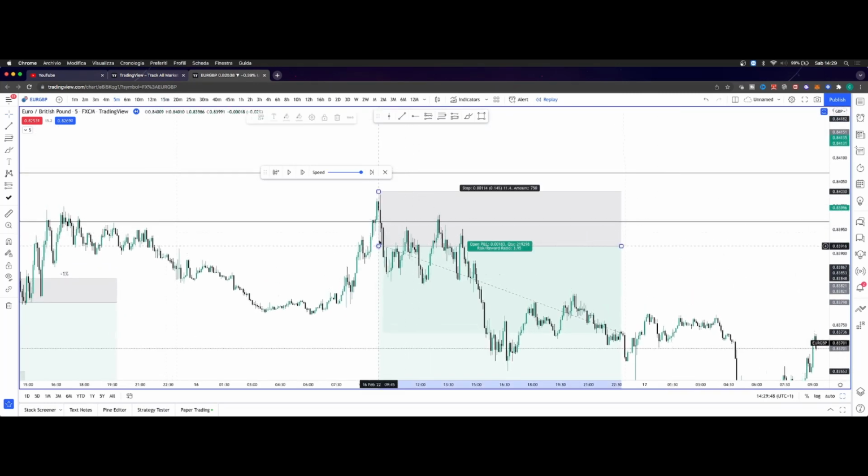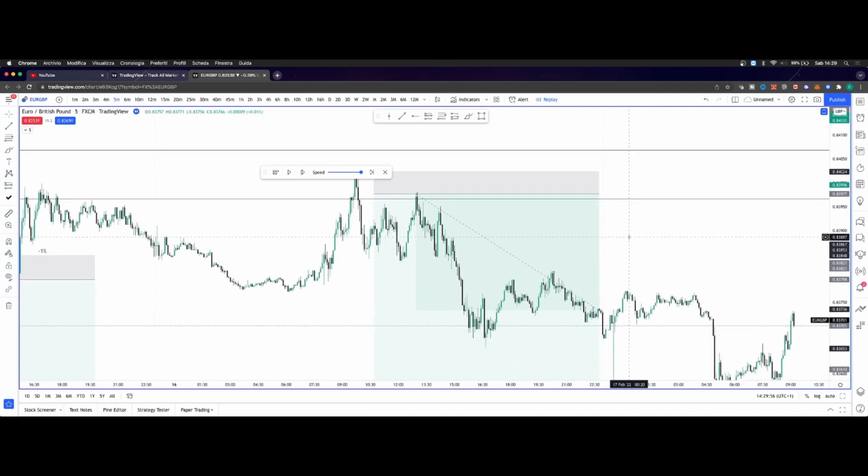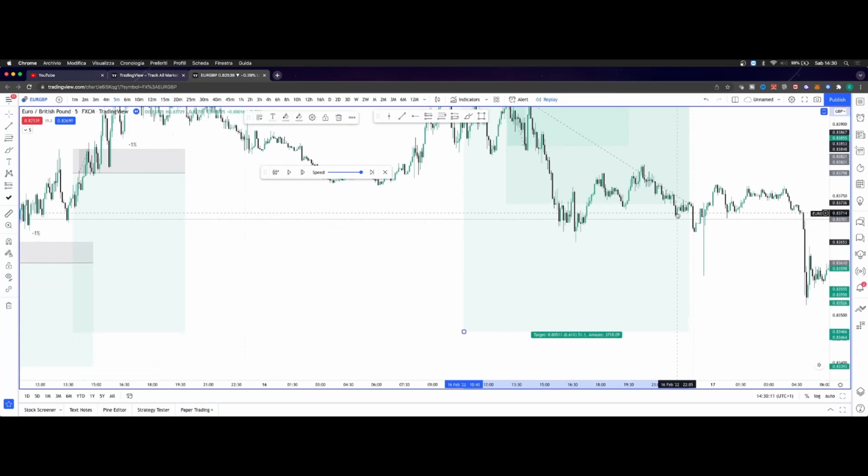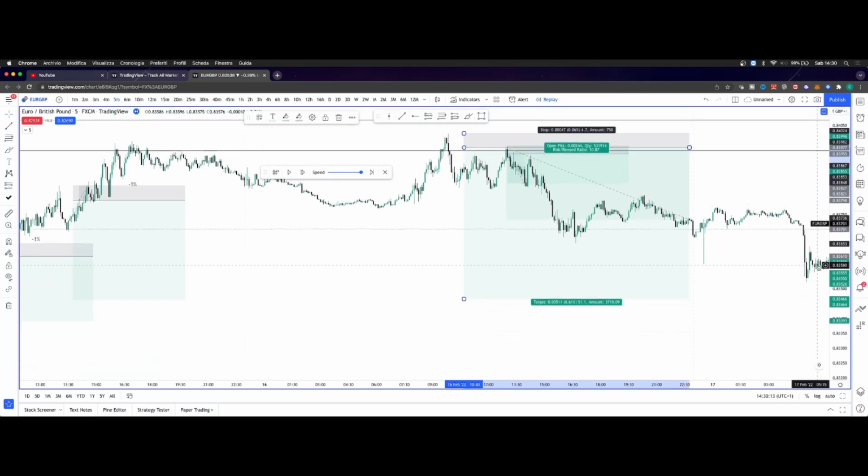Let's say, I don't know, this area, this 50%, or this level, break of this microstructure, pullback into the extreme. So again, this 50% of this green candlestick. And study.